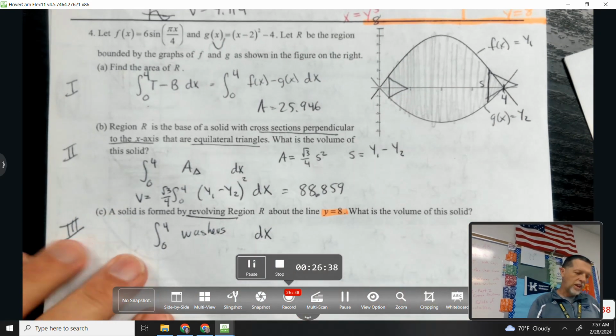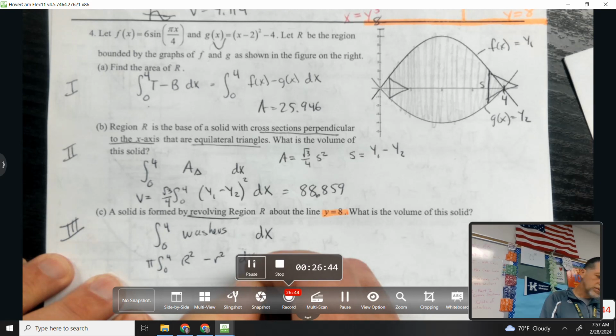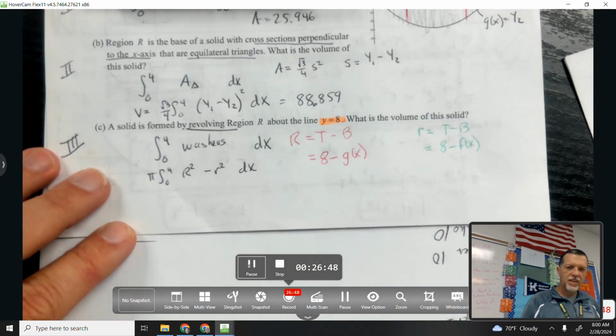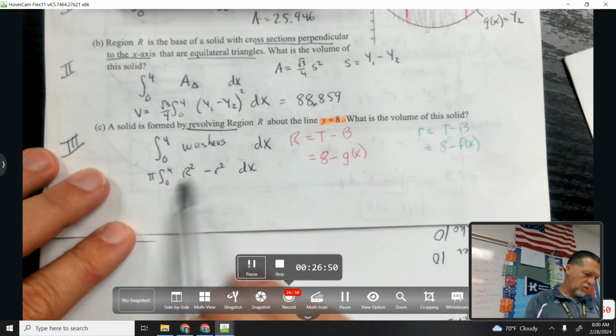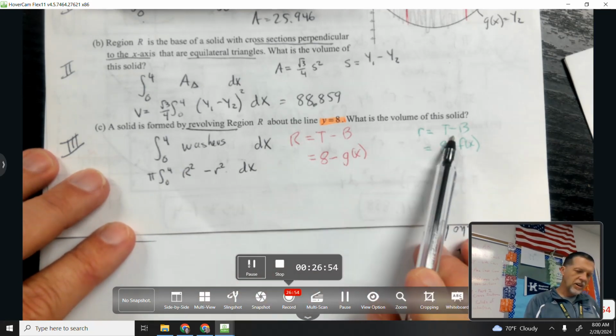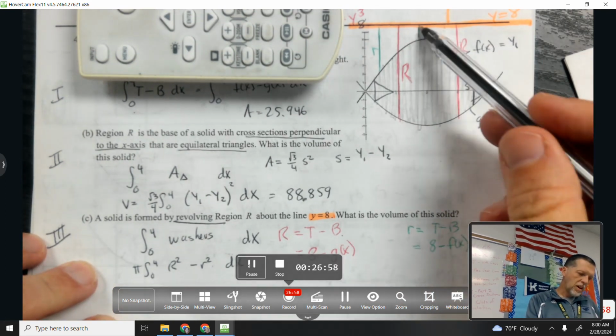Alright, so now we need to think about big R and little r. So I'm going to press pause. A washer, so R squared minus r squared, need a big R and a little r. Top minus bottom for big R, top minus bottom for little r.